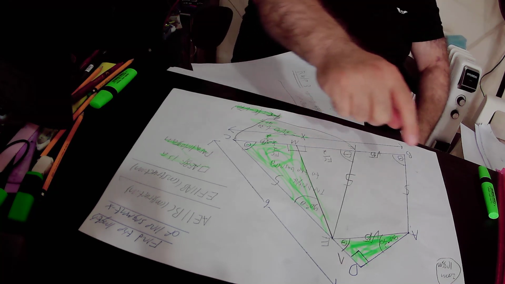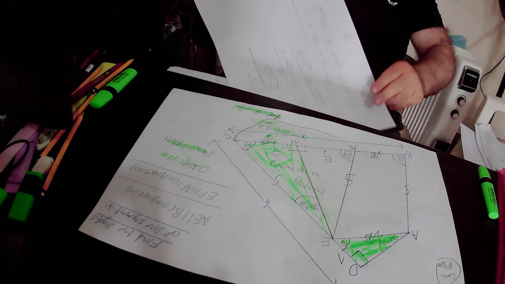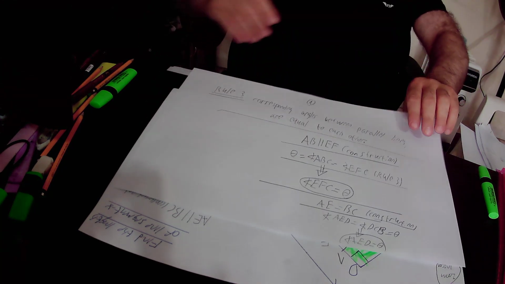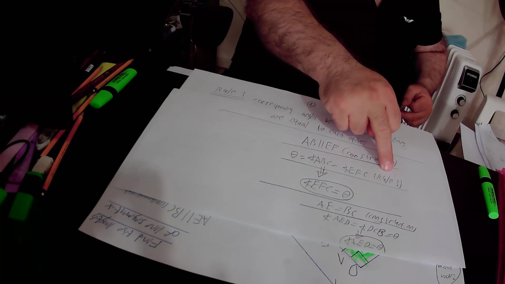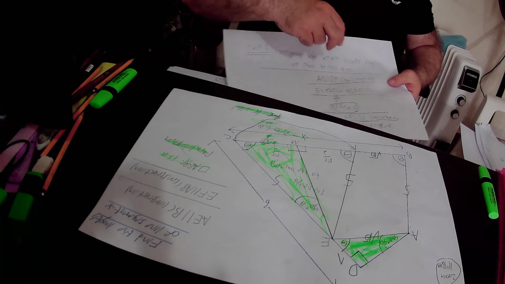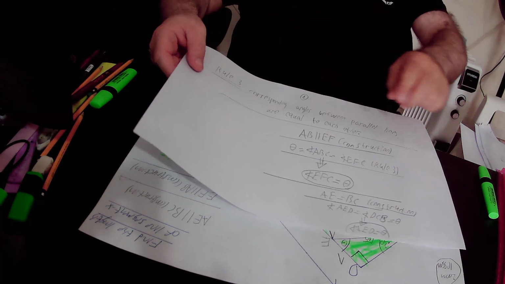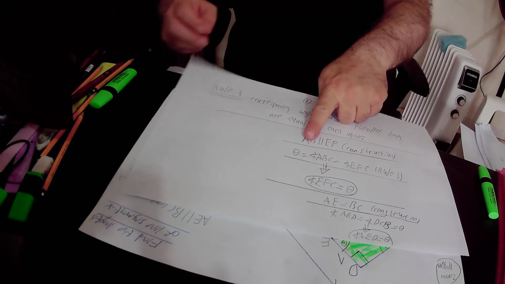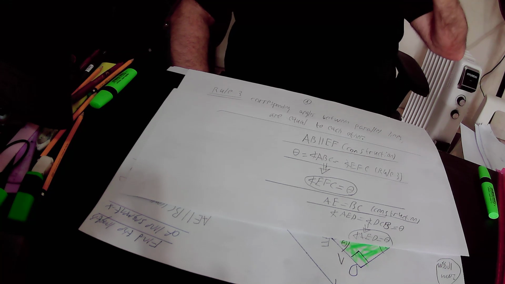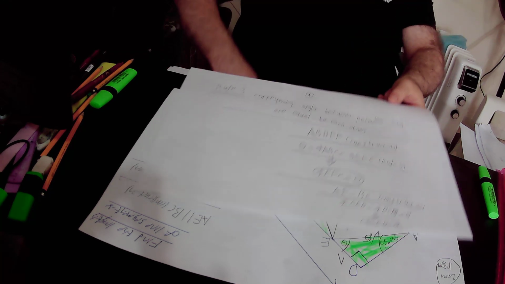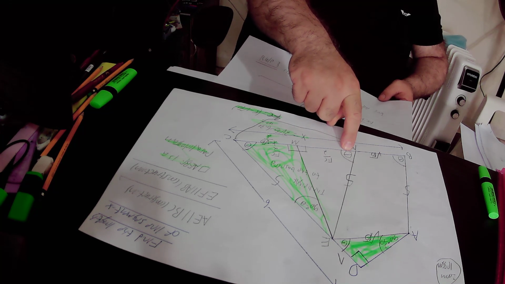So angle ABC equals angle EFC according to rule number 3. But according to what is given, angle ABC equals theta. So from this equation, theta equals angle ABC equals angle EFC, we derive that angle EFC also equals theta.